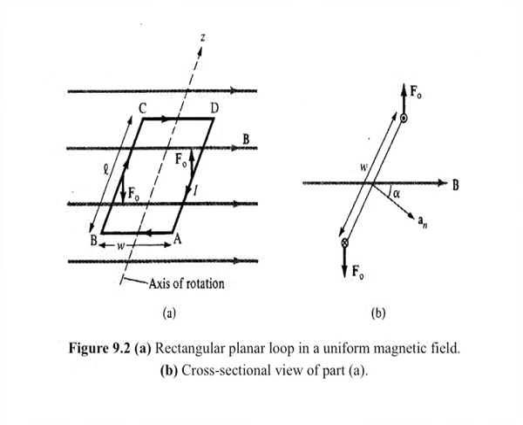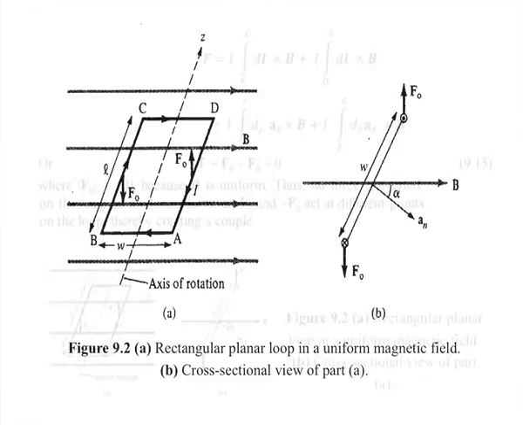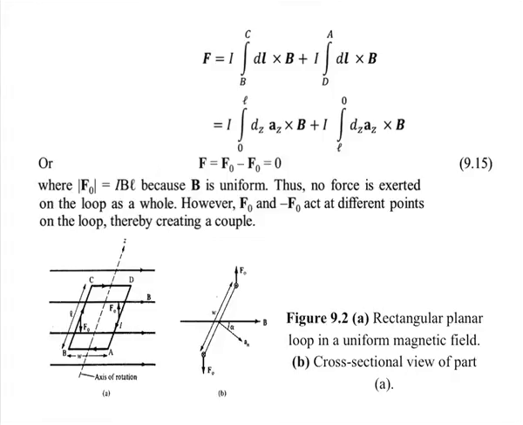It can be seen that the sides CD and BA are parallel to the magnetic field, that is, the current element in these parts is parallel to B, and therefore no force is produced on them. Therefore the force for the complete loop is given by equation 9.15, and we see that the net force is 0.